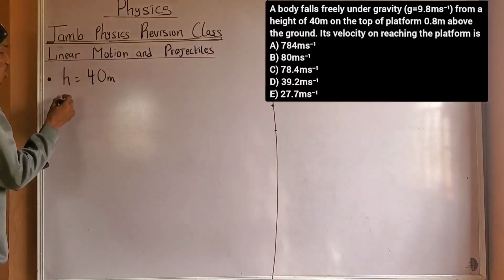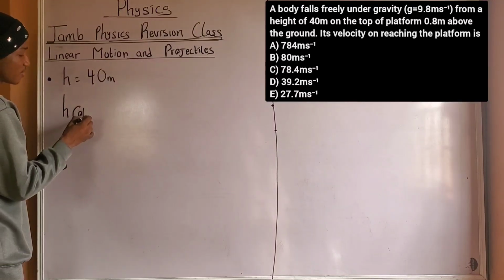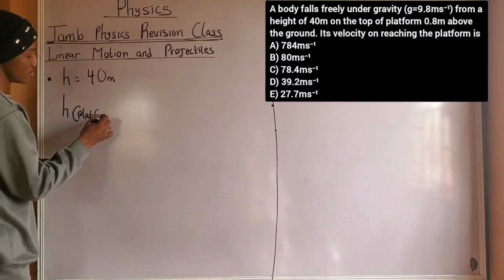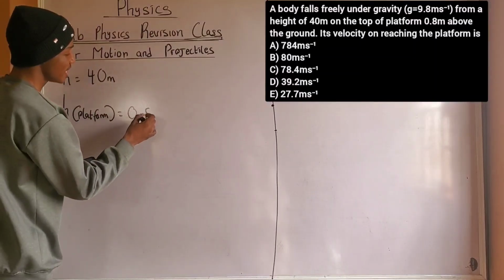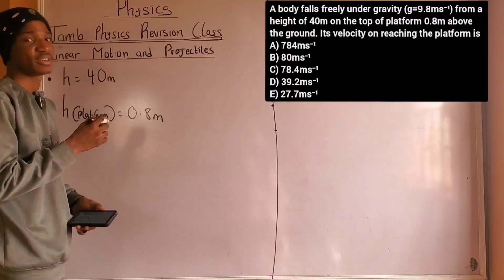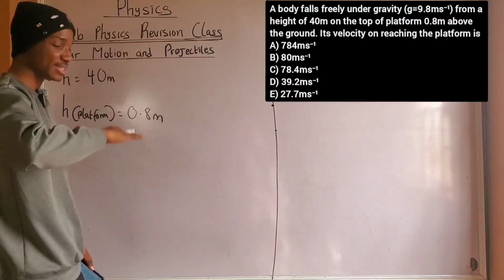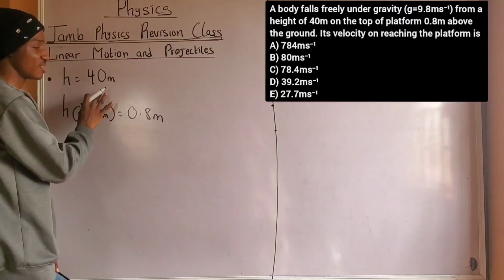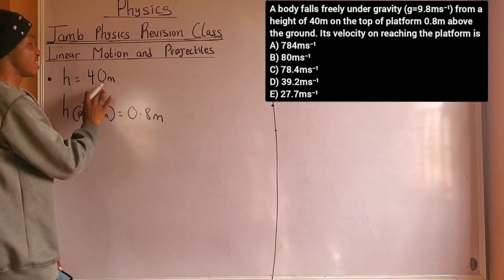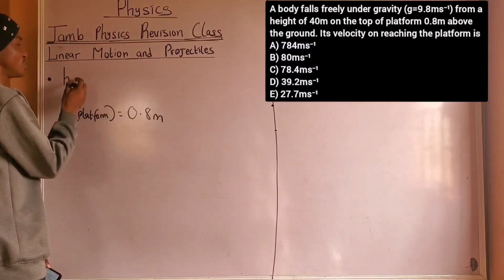That means the height of the platform is 0.8 meters. The distance between the body and the ground level is what? 40 meters. This height that you see here is the height of the body from the ground level.